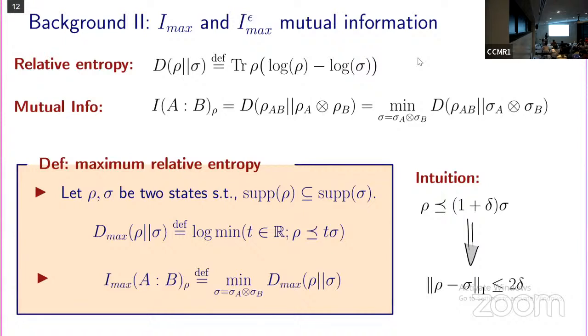So this is a good distance measure, and then using this relative entropy, we can define the maximal mutual information like we define it here. It will be the best product state that we can get that gives the minimal distance with respect to that measure.